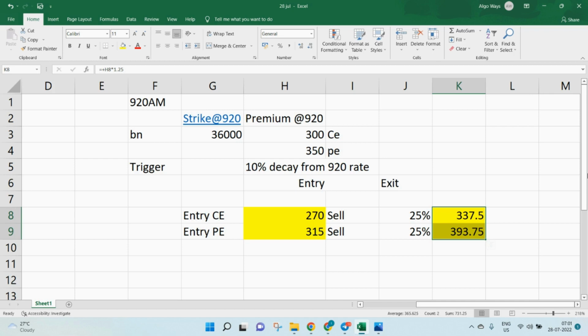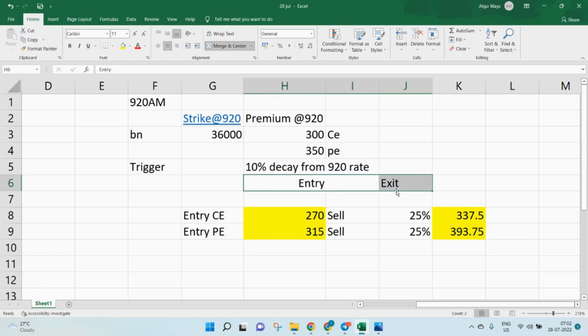So at some point of time there could be two legs open, there could be one leg open, and in a particular day only one leg may remain open, the second leg may not come at all if the market keeps moving in the same direction. So this is entry and exit condition. This was scenario one for the exit.